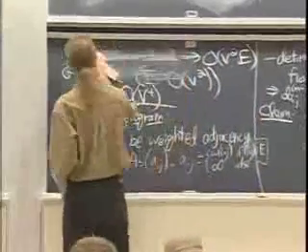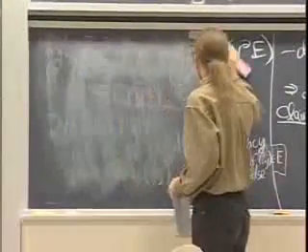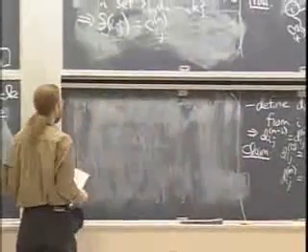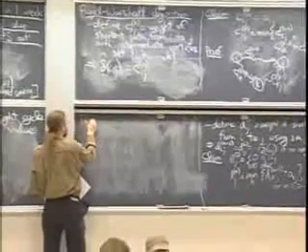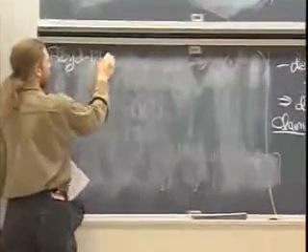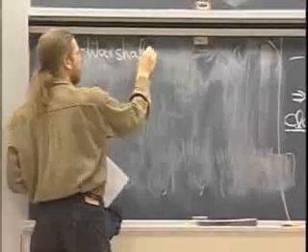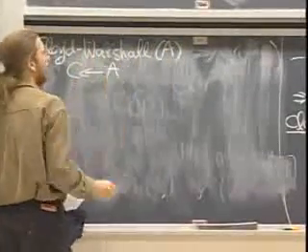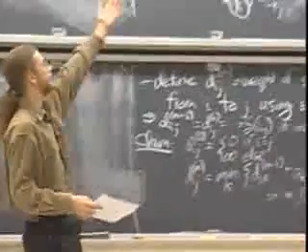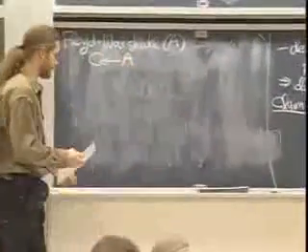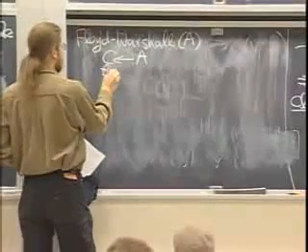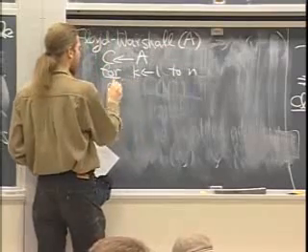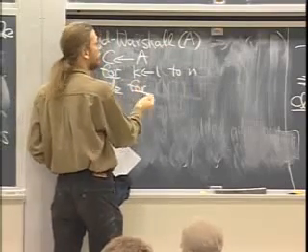So let me write it down. So this is the Floyd-Warshall algorithm. You give it, write the name again. You give it a matrix A. That's all it really needs to know. Encodes everything. You copy C to A. That's the warm-up, right? At time 0, C equals A. And then you just have these three loops. For every value of k, for every value of i, and for every value of j, you compute that min.